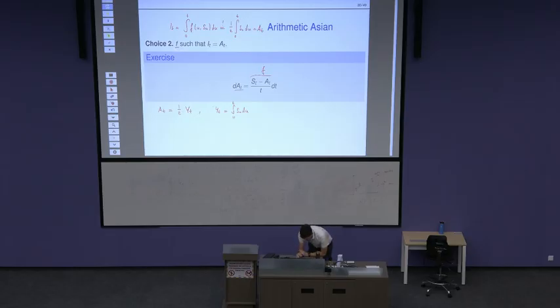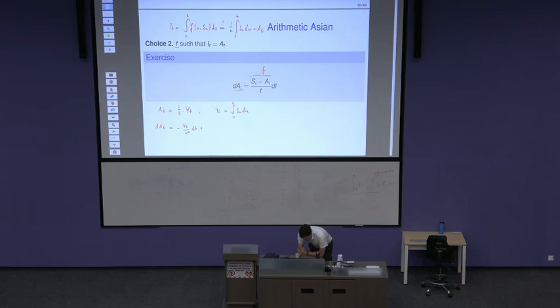So I have this representation for A_t. I'm applying Ito, so I have dA_t. First, I have the derivative of this expression with respect to t, so I'm getting minus Y_t divided by t squared dt.